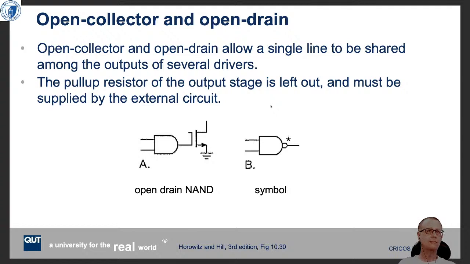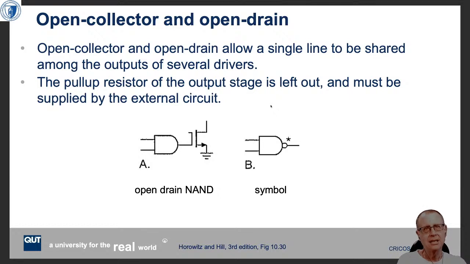Sometimes you will see on the output of a device an asterisk, like in the B diagram on the right hand side here. What that means is that this is what's called either an open collector or open drain device.